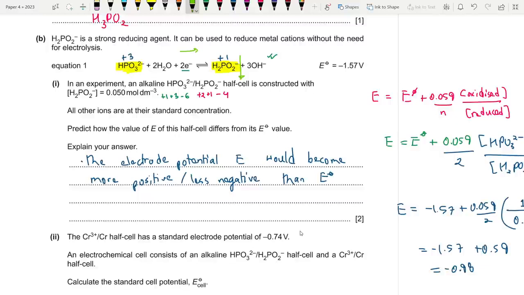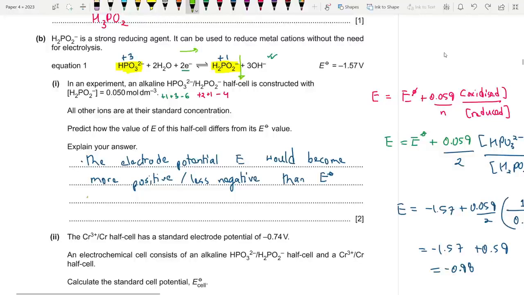There is a tendency for the HPO3 2 minus to become reduced. There is a higher tendency for that species to be reduced. As a result, we know that this value, the half cell electrode value, actually refers to the reduction potential. So since the equilibrium moved to the right, there is higher chance for reduction. As a result, the reduction potential will actually increase to a more positive value.